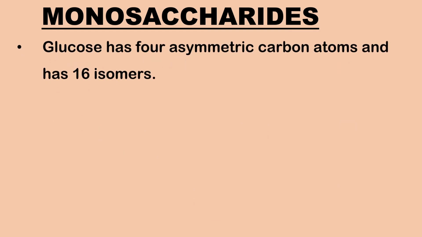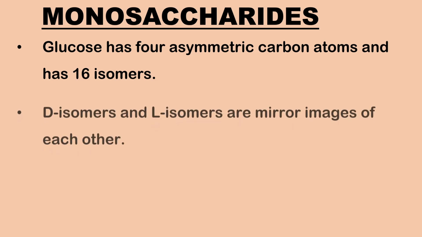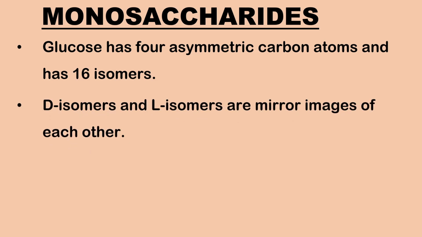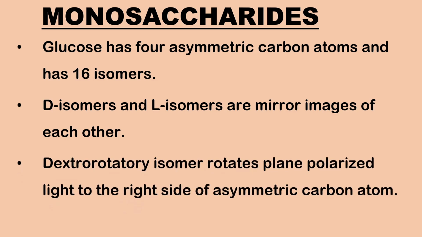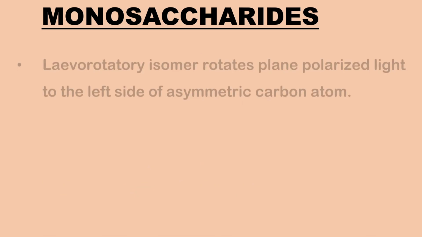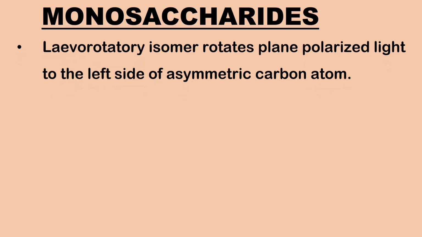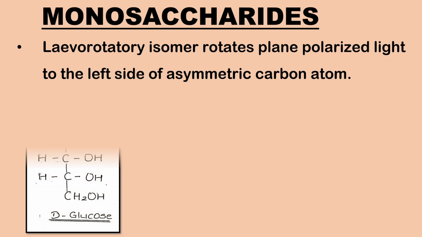Glucose has 4 asymmetric carbon atoms and therefore has 16 isomers. D and L isomers are mirror images of each other. Dextrorotatory isomer is the optical isomer that rotates plane polarized light to the right, while levorotatory isomer spins plane polarized light to the left.